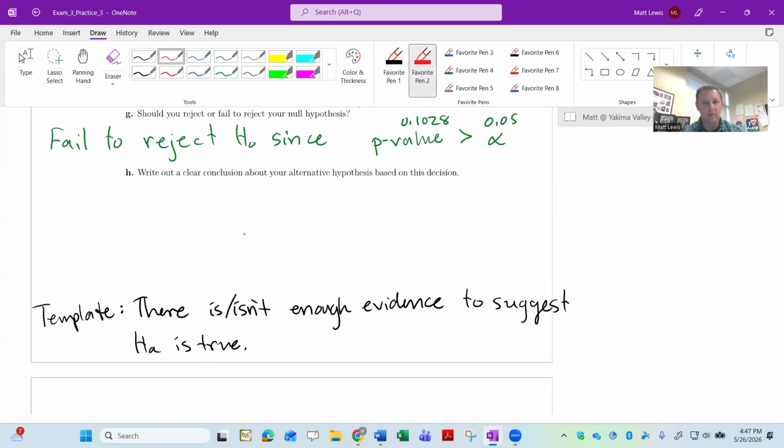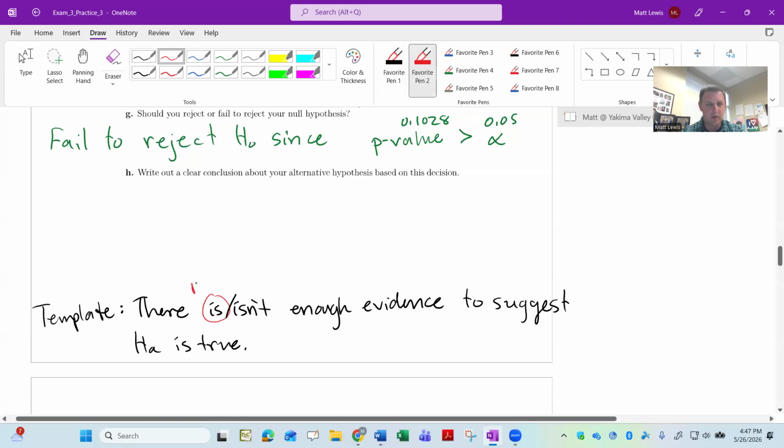And remember that it's precisely when we reject the null that we say there is enough evidence for the alternative. And when we fail to reject the null, that's when there isn't enough evidence for the alternative.